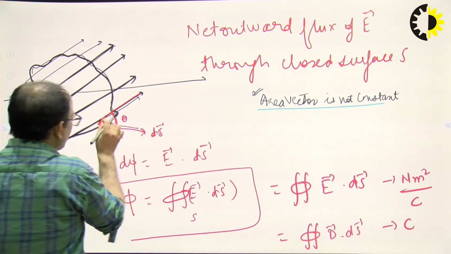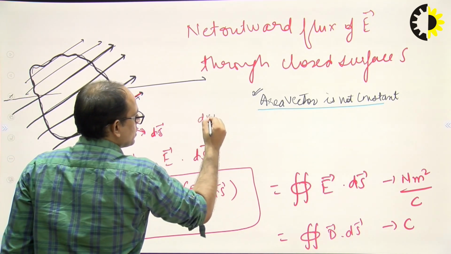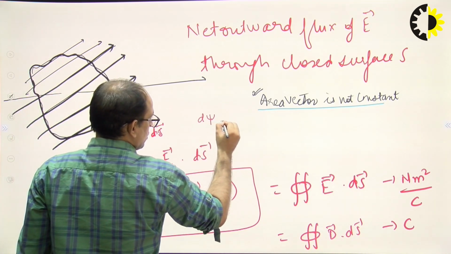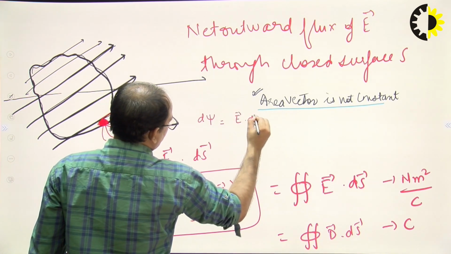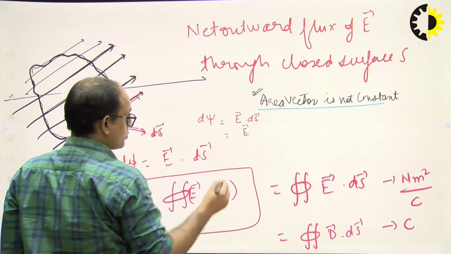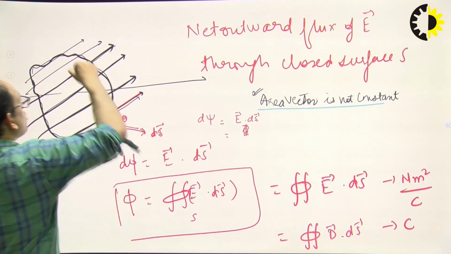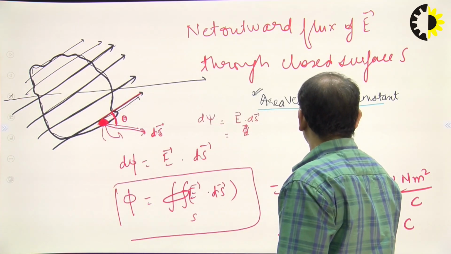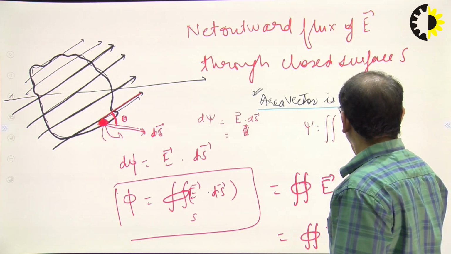So the total flux passing through this small surface will be d psi, the small flux, and this d psi will be equal to the electric field multiplied by the dot product, E dot ds. To calculate the total flux passing through this, total flux will be equal to the surface integral of E dot ds.